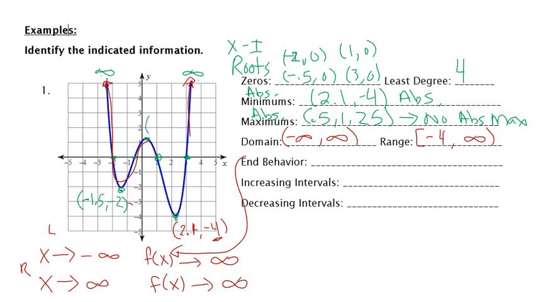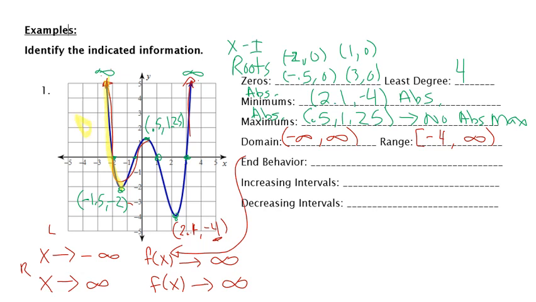And then it's always kind of good to label those max and mins when you're doing increasing and decreasing. Okay, so I got those 3 here. Awesome. So when we go ahead and talk about increasing and decreasing, you always go from left to right. And so I'm going to go to the left. I can see that as I'm going to the left, in this first interval, I'm actually going downwards. So this would be decreasing.